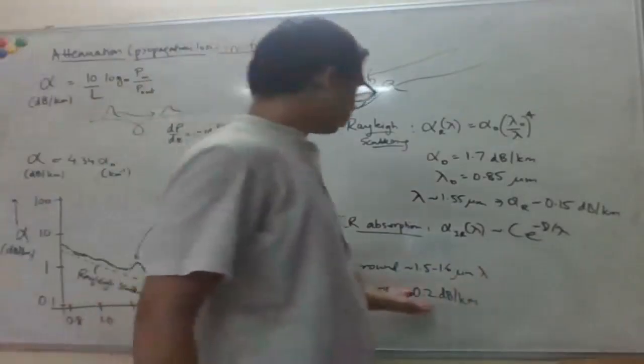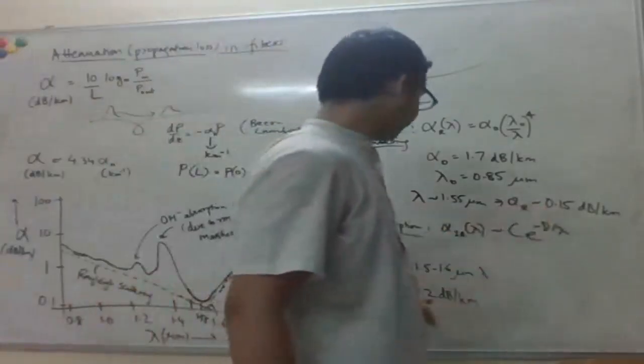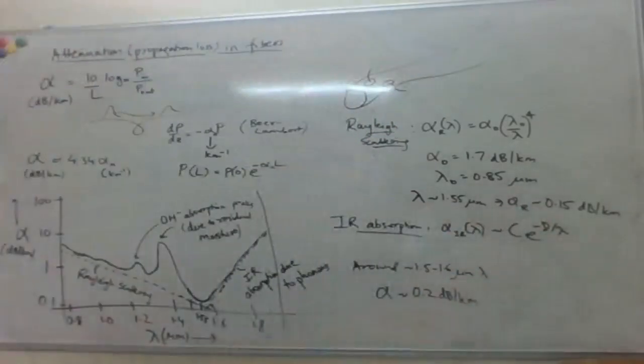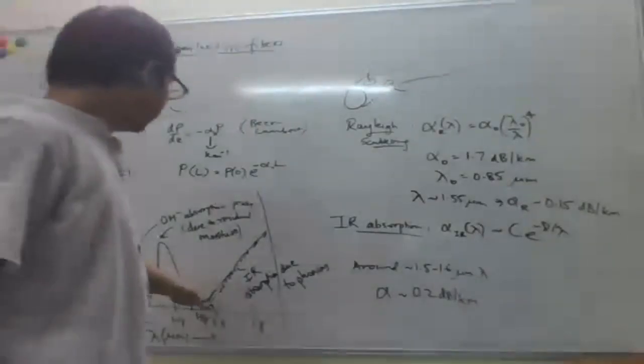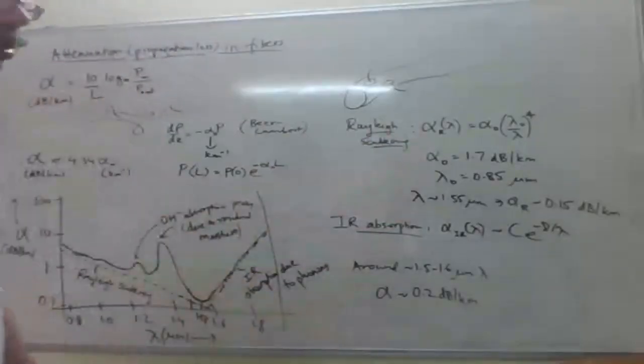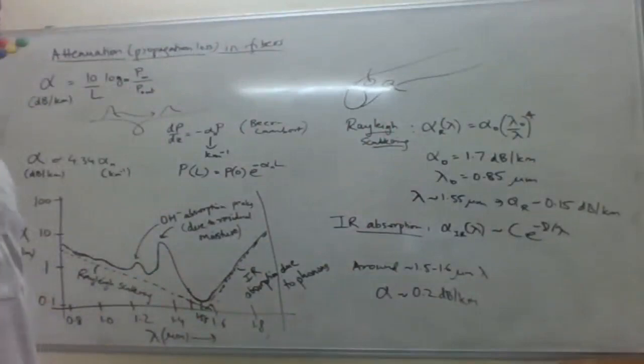Okay, so you can see it's quite close to this Rayleigh scattering limit, right? So basically the technology for making optical fibers has improved over the years, and now we are near the theoretical limits, right? So we can't really do much better by improving the technology for the manufacture of fibers.